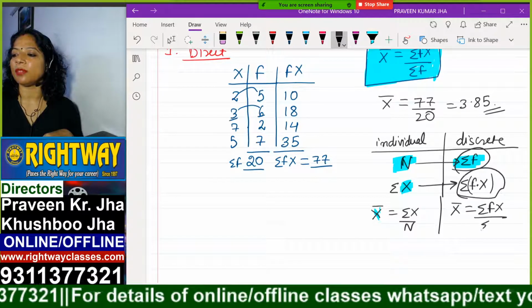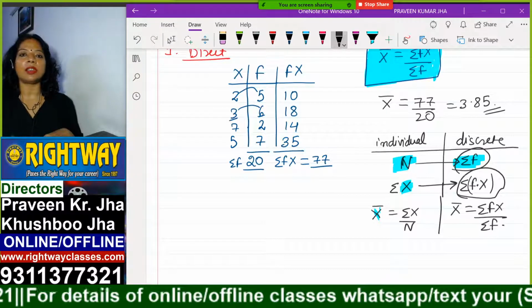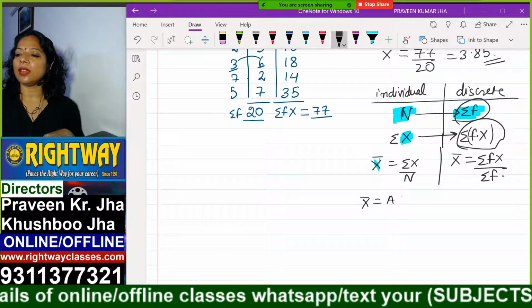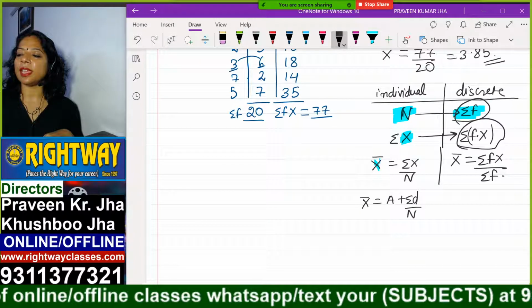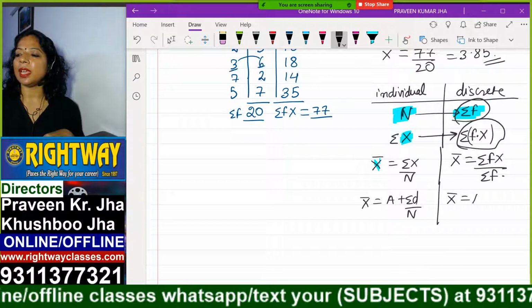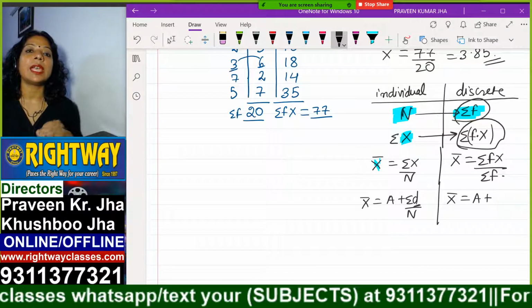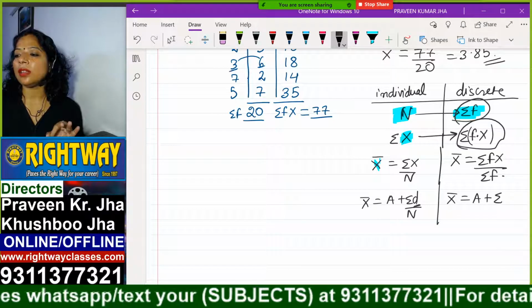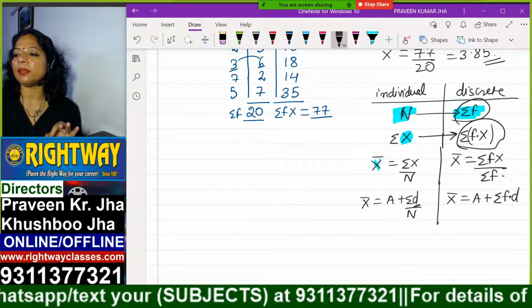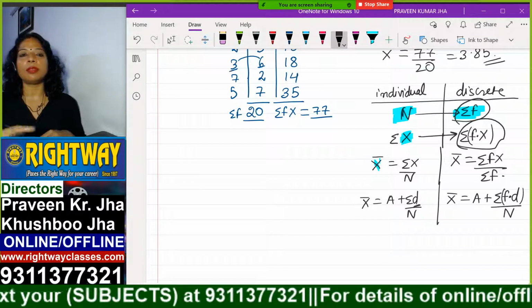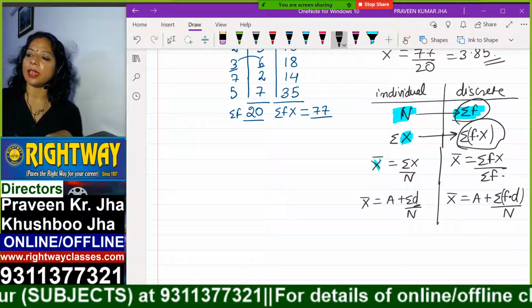So summation fx by summation f. Isn't it easy? What was the formula in the shortcut method? A plus summation d by n. So here it will be a plus, and what is under summation? D. So the quantity under summation will first be multiplied with f, then we take summation, and then n. So this will be summation fd upon n.